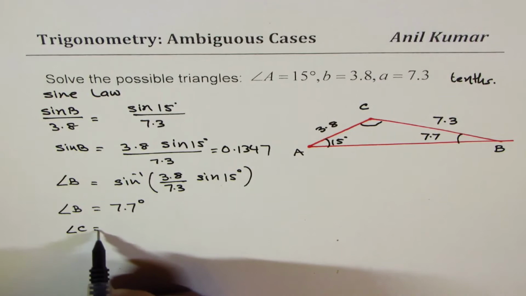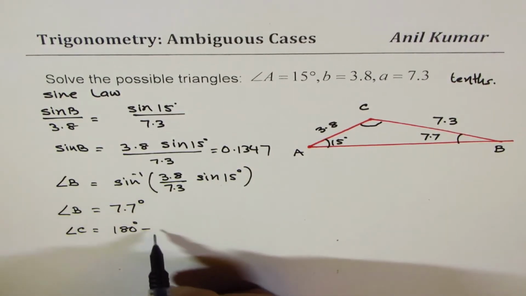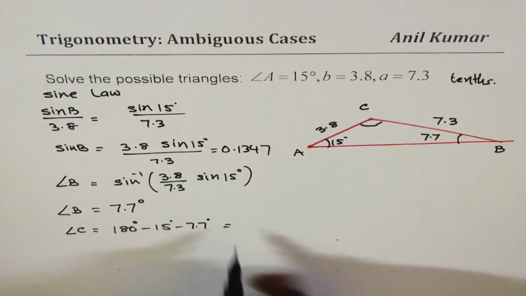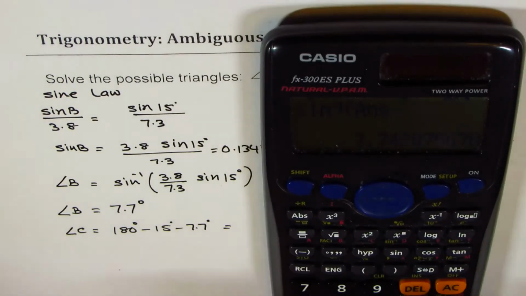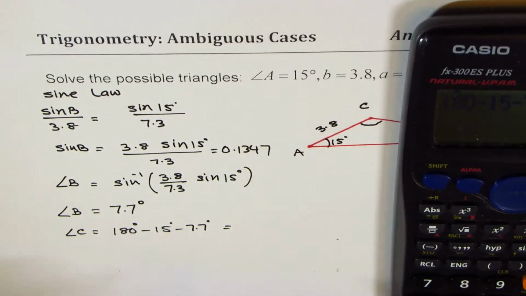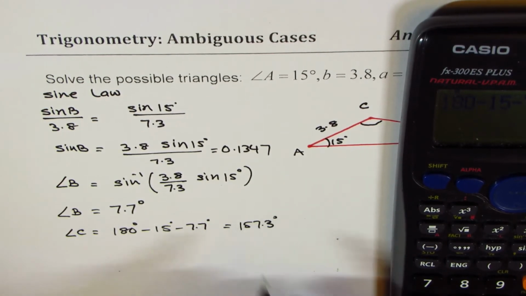Angle C is equal to, sum is 180 degrees. So it is 180 degrees minus 15 minus 7.7 degrees. Is it okay? So let's calculate that. 180 take away 15 take away 7.7 gives you, in decimals, 157.3. So it is 157.3 degrees.